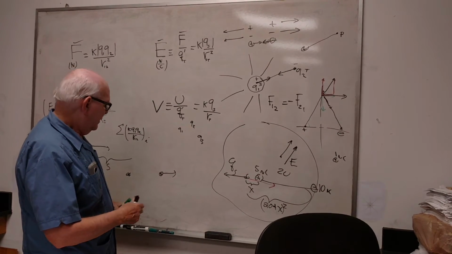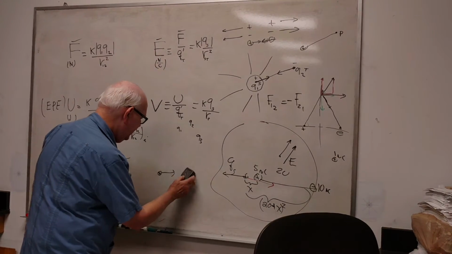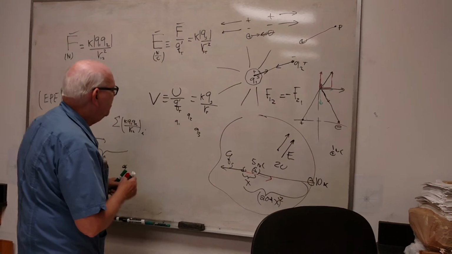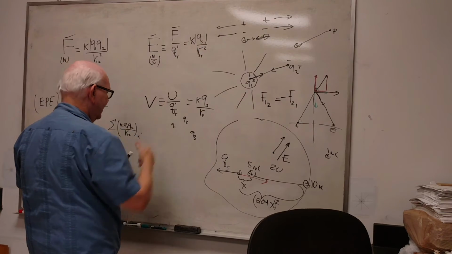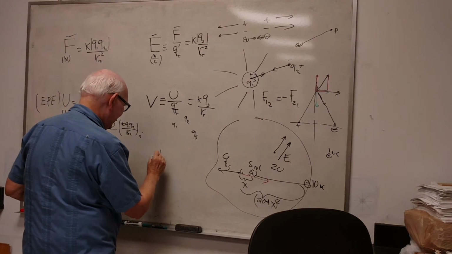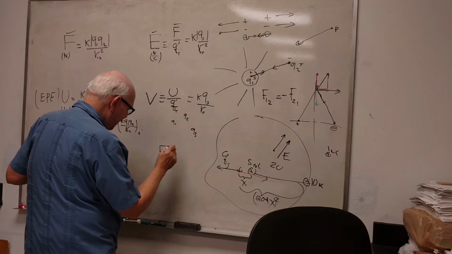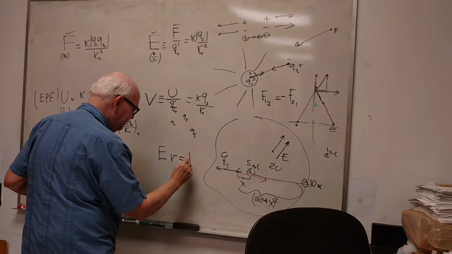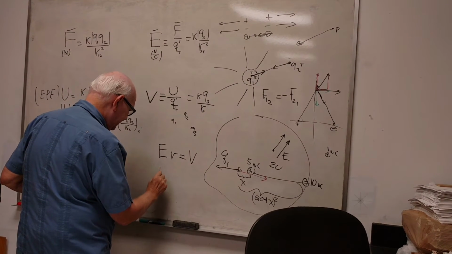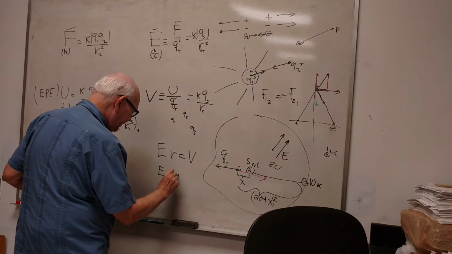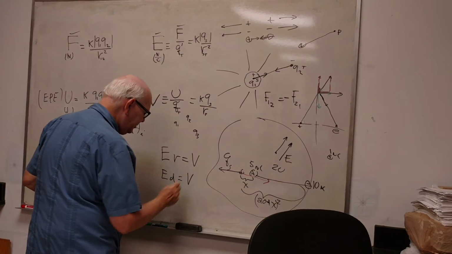Okay? In the fancy language of calculus, the potential, since you multiply E by R, let me put it here. If you multiply E by any distance, R, you get the potential. I call this formula ED. Anytime you multiply the field by a certain distance, you get the potential.